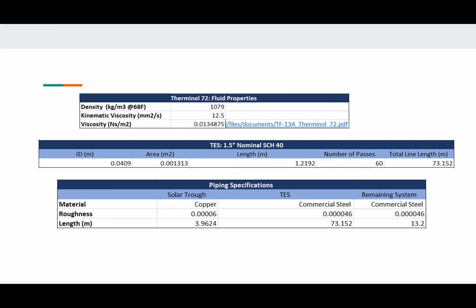From that, we can look up the chart for inner diameter and area. We can calculate the length based on the number of passes, and the total line length inside the TES is 73 meters. Below that is another table detailing piping specifications for the solar trough, TES, and the remaining system, which is basically the piping between the TES, the solar trough, and the heat exchanger.